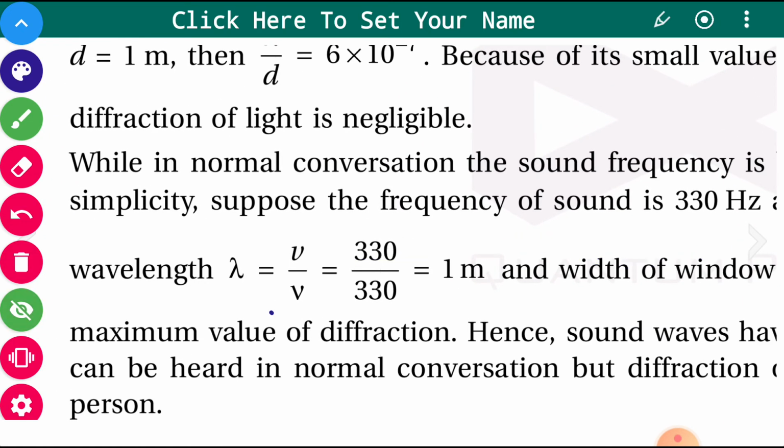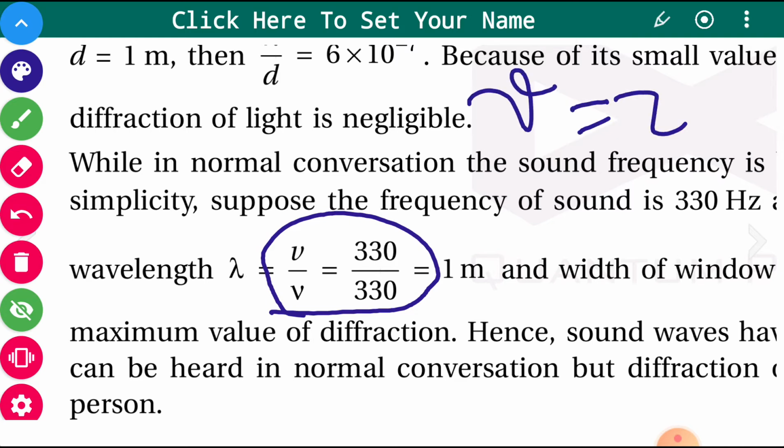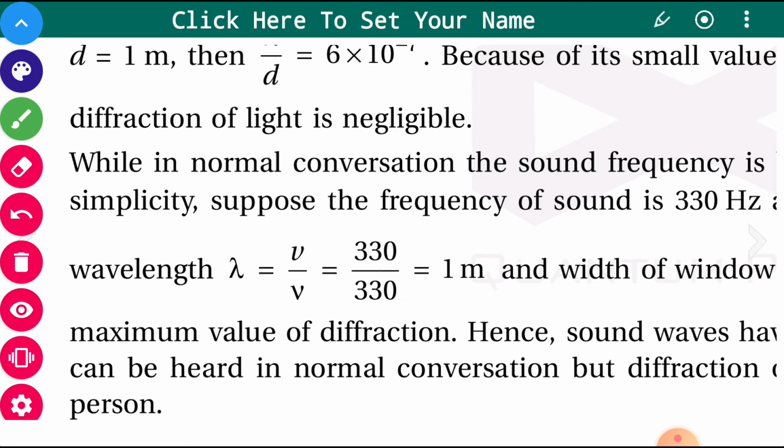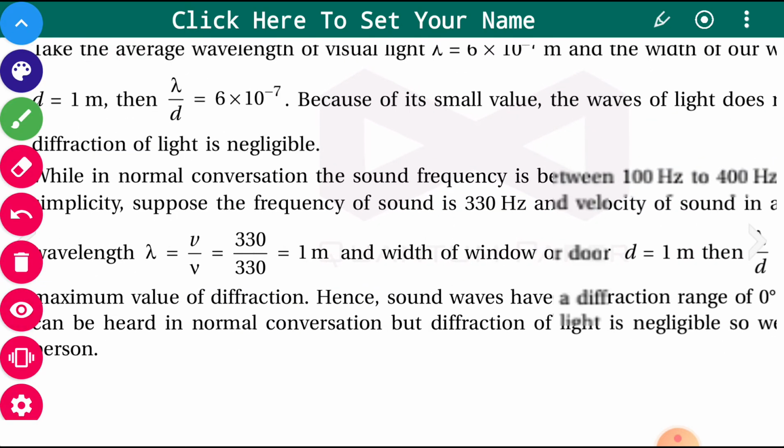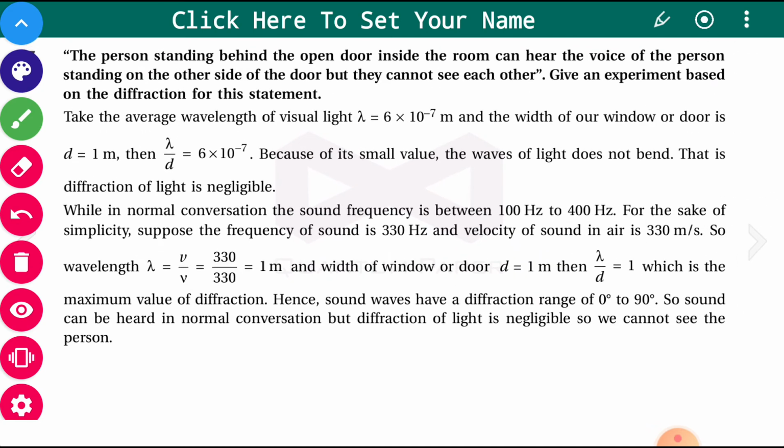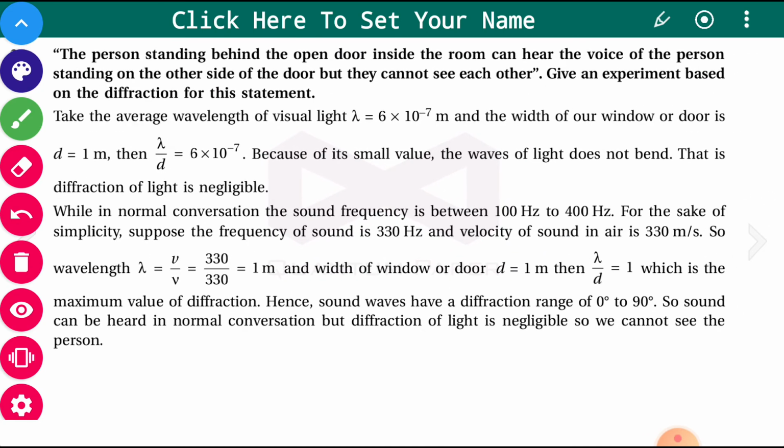Try to understand this as nu and v. As you know, velocity is equal to nu into lambda. So lambda is equal to v upon nu, and it will be about 1 meter. So the wavelength of the voice of a human being is about 1 meter, and the width of the door or window is also 1 meter.